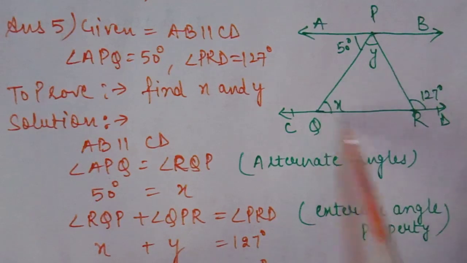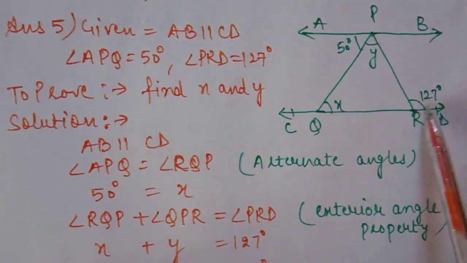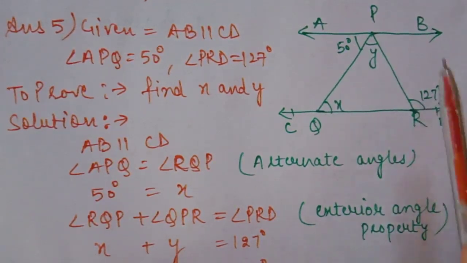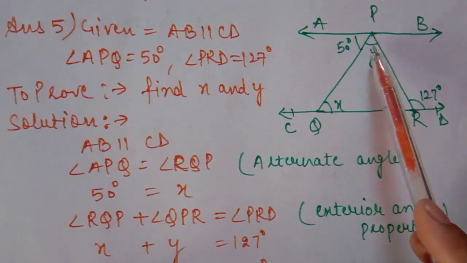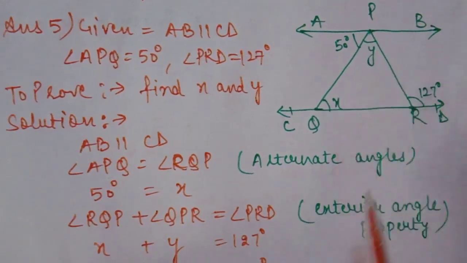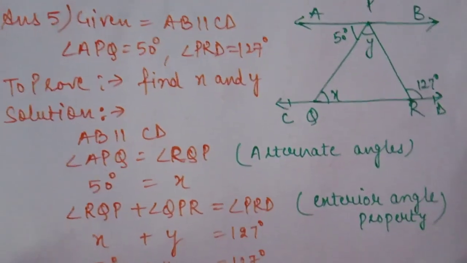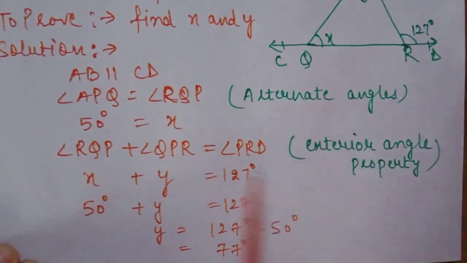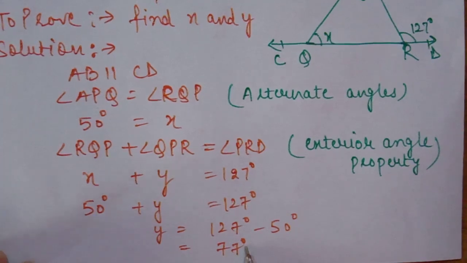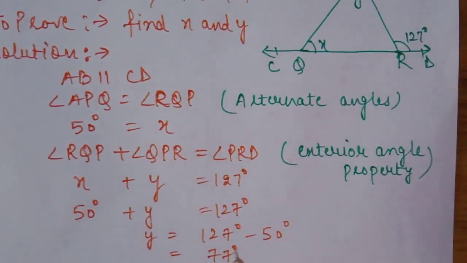After this, in this triangle, this angle is the exterior angle. Definitely this angle is equal to the sum of x and y, which we call the exterior angle property. So we will put the values of x, y and 127 here. So the value of y is 77 degrees. So it is a very easy question.